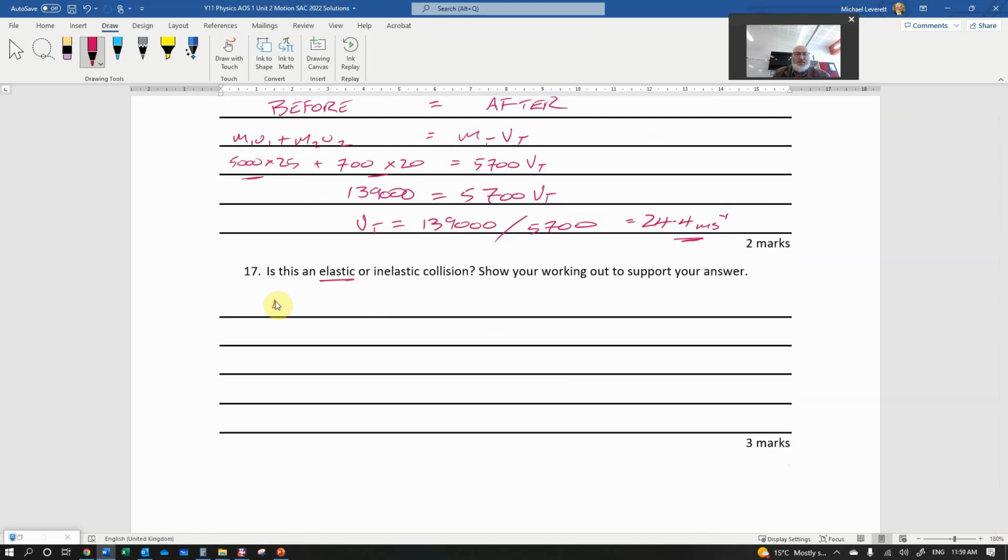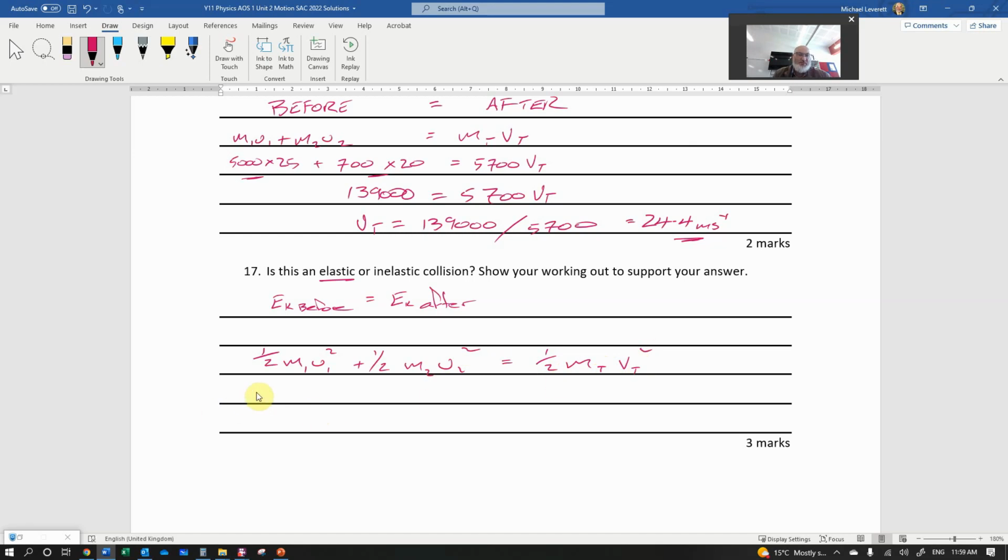Elastic means that EK before equals EK after. So what we have to do here is go a half M1U1 squared plus a half M2U2 squared is equal to a half mass total V total squared.